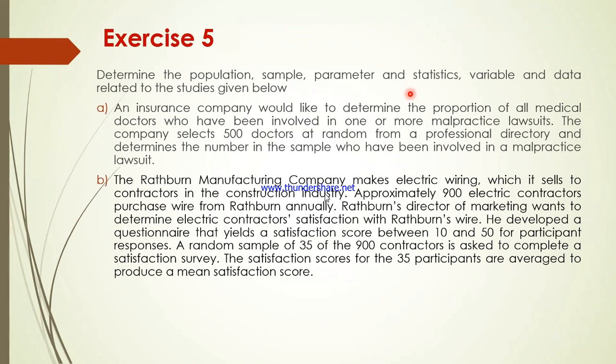From where can you get the idea? The last 2, 3 or 4 statements. He developed a questionnaire. From that up to the full stop, if you read carefully, then you can define the parameter. Right, now we got one answer, we check it. No, here proportion is not a parameter. Read carefully. From the given scenario, you have to identify. Here they mention the parameter. You can find it out.